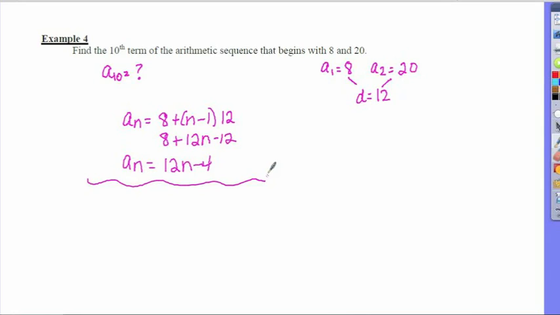All right, so this is your general equation, but I want to know the 10th term. So I plug a 10 in for n right here. So 12 times 10 minus 4. So the 10th term would be 116.